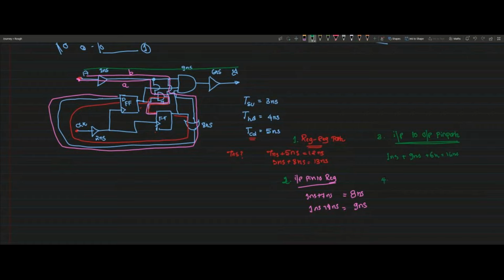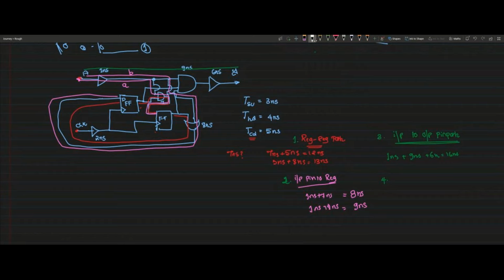Fourth path, from flip-flop directly to output path. Any such paths? Flip-flop output directly.